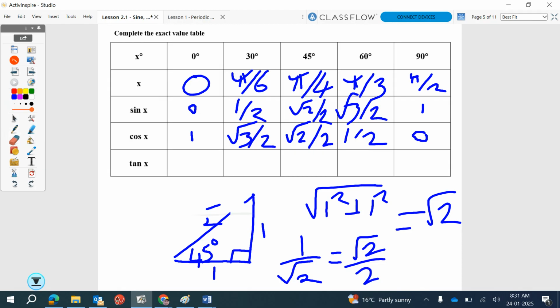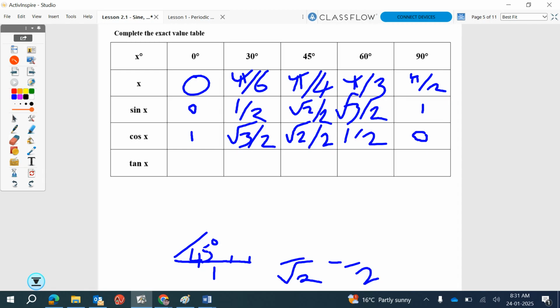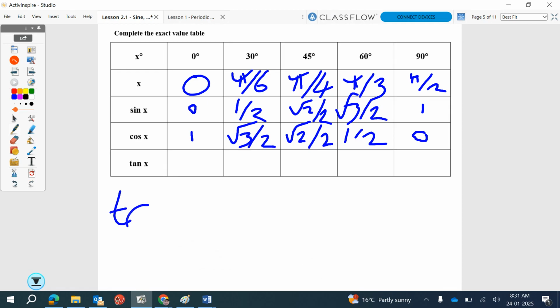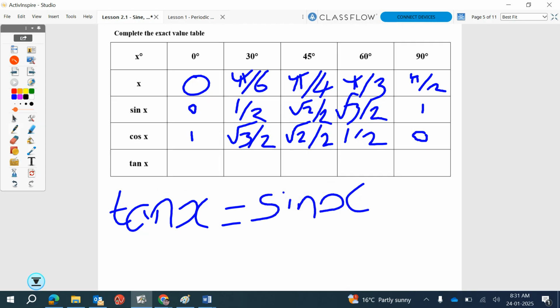To find the tangent values, we use the definition of the tangent, which is that tan x is equal to sine x divided by cosine x. So we take 0 divided by 1, and we get 0.